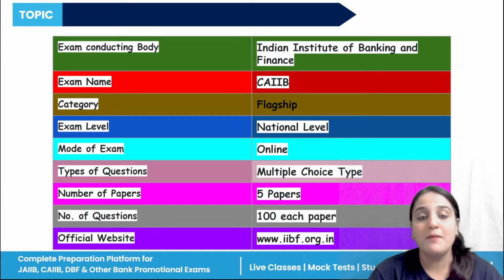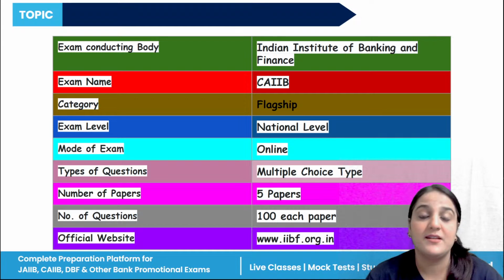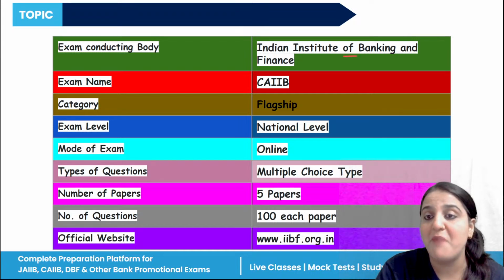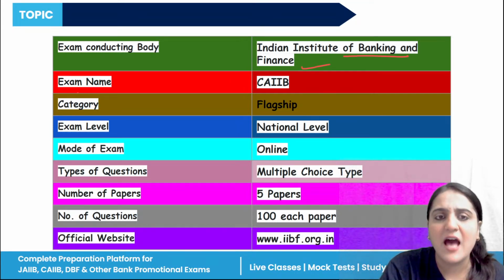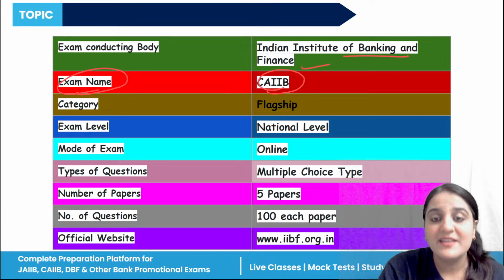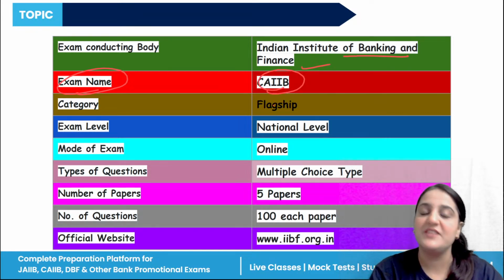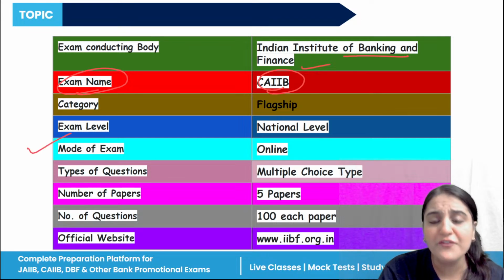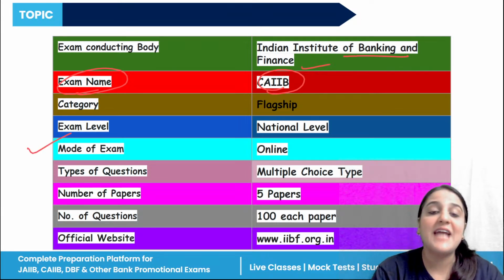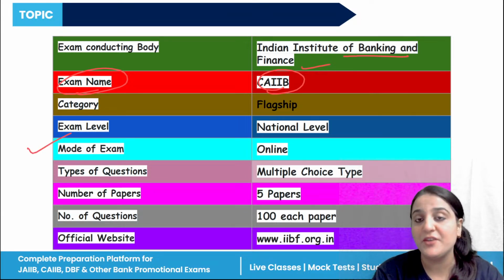If I talk about the exam conducting body, then this is IIBF, that is Indian Institute of Banking and Finance. Exam name is CAIIB. Category is flagship. Exam level is national level. Mode of exam is online. Types of questions are MCQ, multiple choice questions, and sometimes questions without choice are also there.